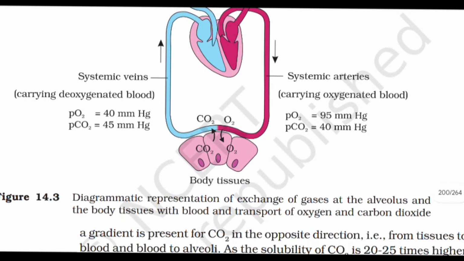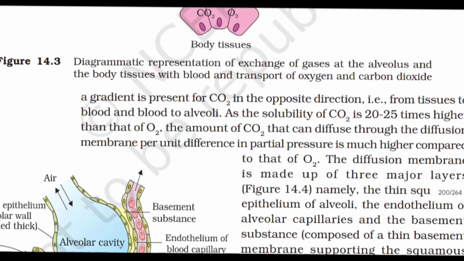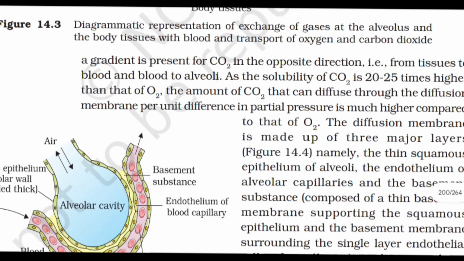Okay. Similarly, a gradient is present for CO2 in the opposite direction, that is from tissues to blood and blood to alveoli. As the solubility of carbon dioxide is 20 to 25 times higher than that of O2, the amount of CO2 that can diffuse through the diffusion membrane per unit difference in partial pressure is much higher than that of O2.